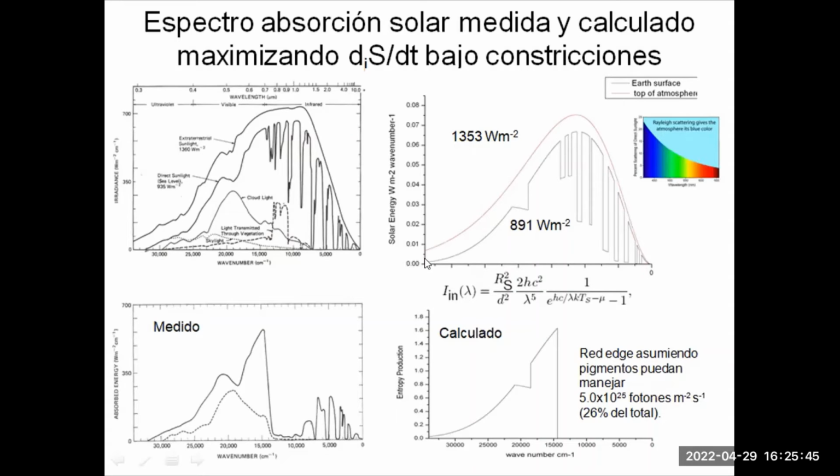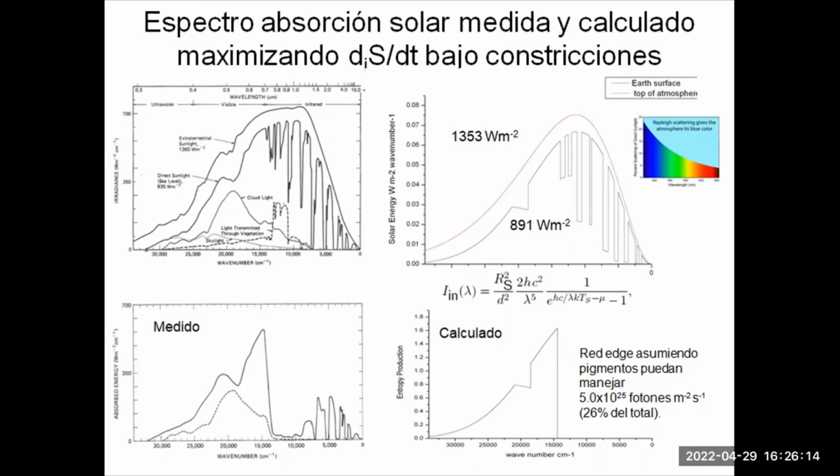It's a function of wavelength of the leaves. And so let's start at the short wavelength side, count the number of photons, and then get to this number of 5 times 10 to the 25. So this is the number that I should have said on the last slide, 5 times 10 to the 25 photons per meter squared per second. So that's what pigments in plants today can handle, given their finite size and given their finite lifetimes.